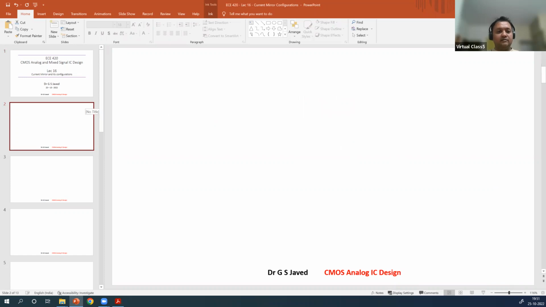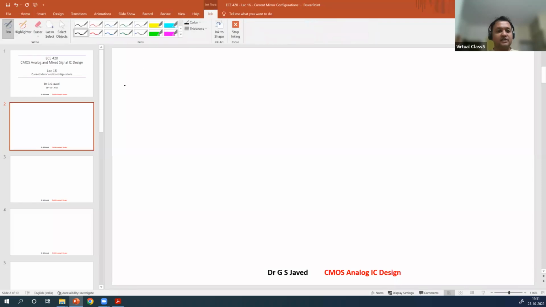Why do we need that? First need for various current mirror configurations is trying to understand what are the requirements for a current mirror.